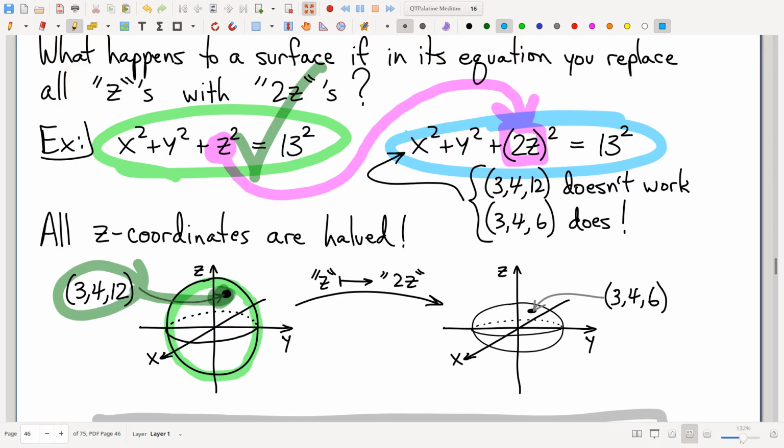Here's the clever move. I can think about this point, 3, 4, 6, and that does work. Let's think through why. The problem with putting this point into this new equation is the 2.